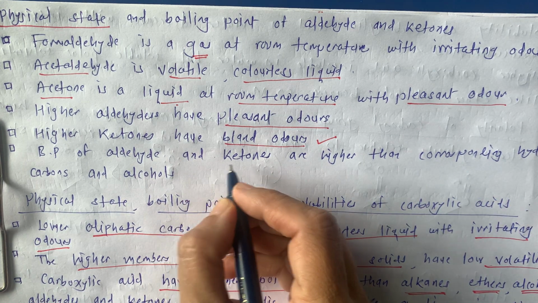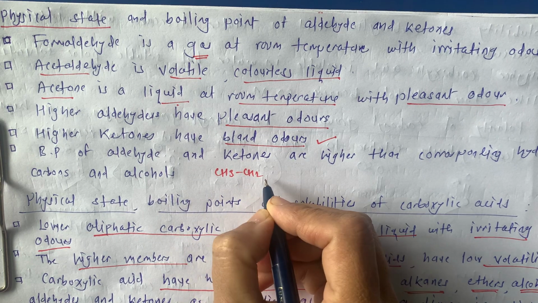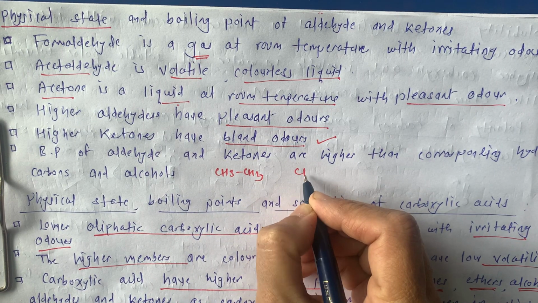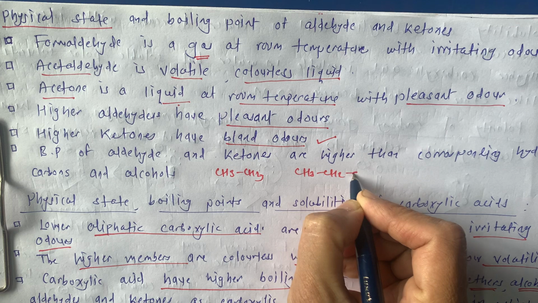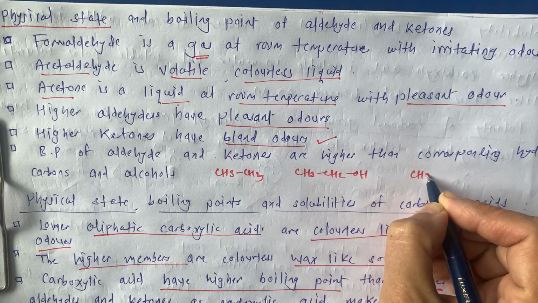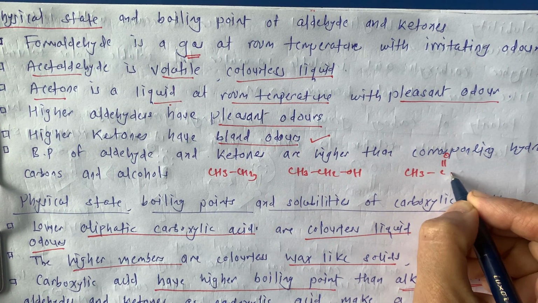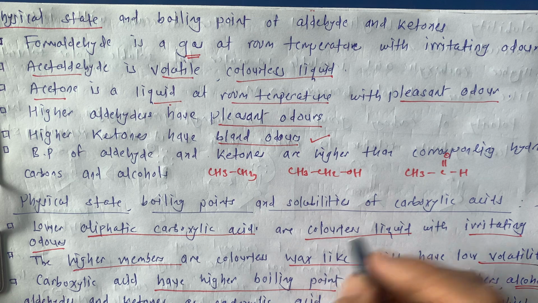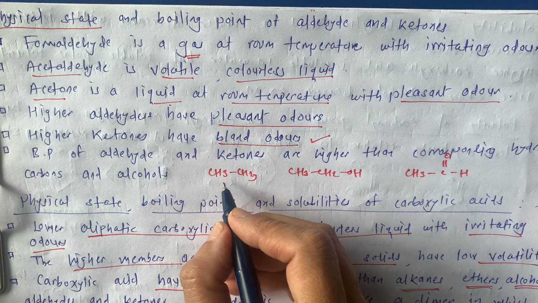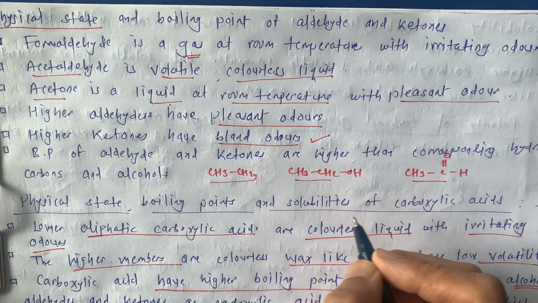So for the corresponding hydrocarbon, suppose this is our ethane. Okay, then this is our alcohol, ethanol, and now this is our acetaldehyde, with 2 carbons. Everywhere here it is 2 carbons.